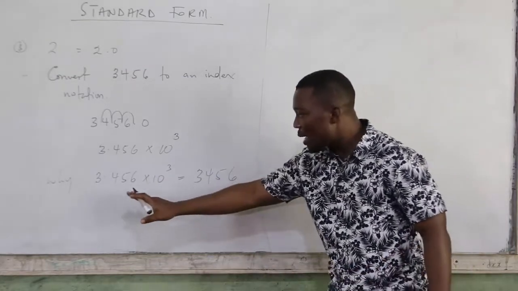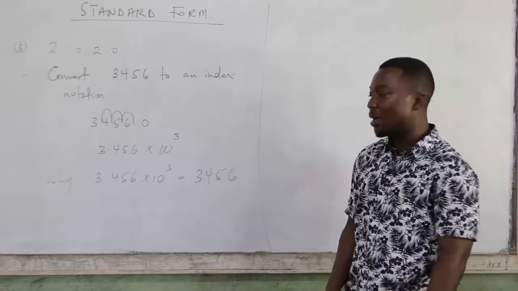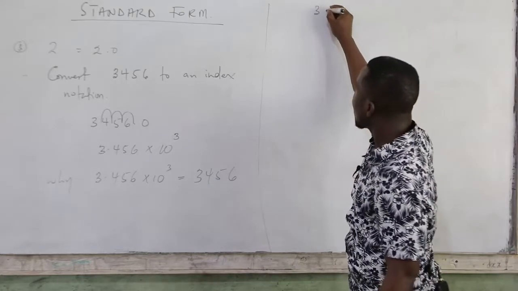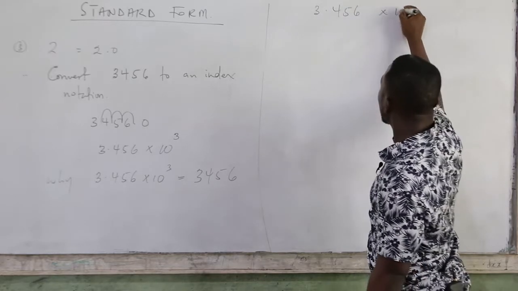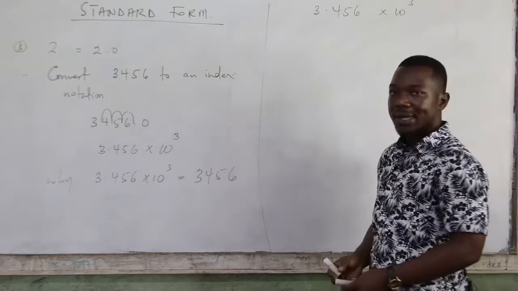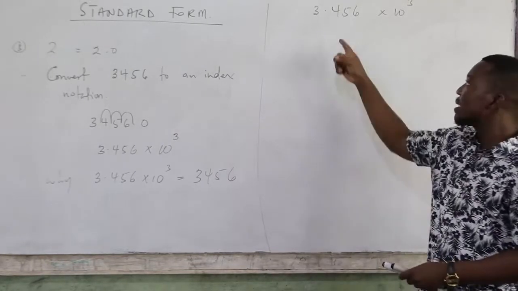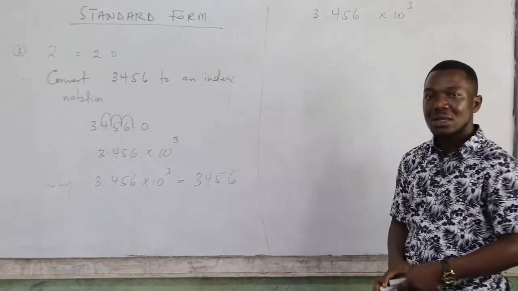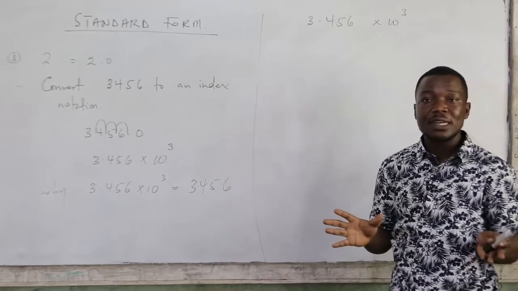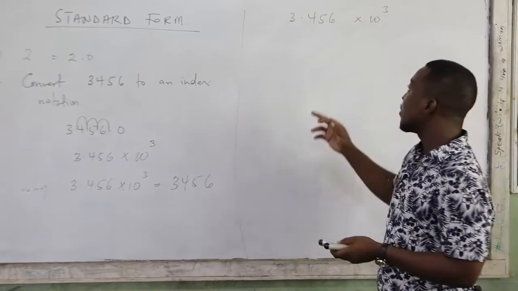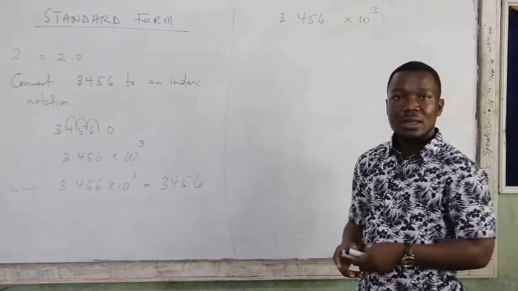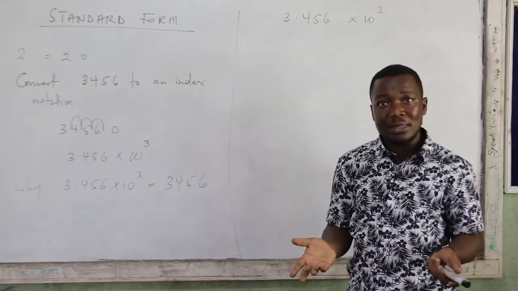So I'm going to work on how to convert this one to get this figure back. All right, now we have to change this decimal to a fraction. So we first have to know the number of decimal places. How many decimal places do we see here? We have 1, 2, 3. That means it's out of 1,000.